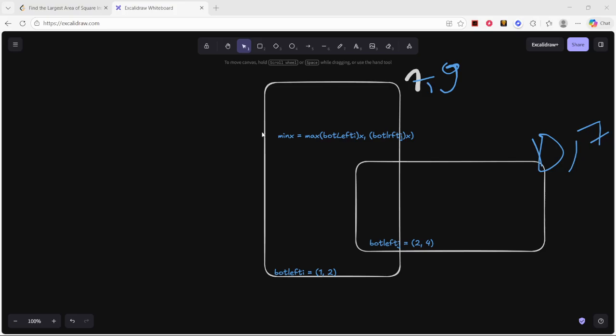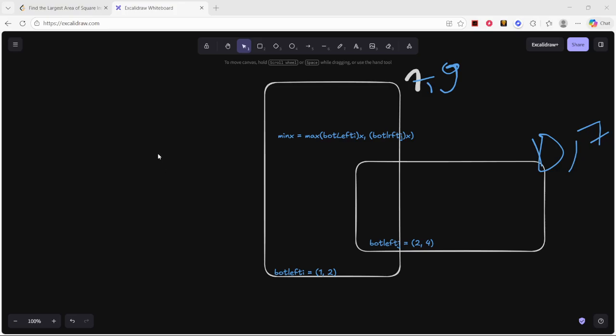Right, and for maximum x, top right has 7, 9, so max x is equal to the min of top right i x and top right j x. Here top right is 10, 7 and 2, 4. For minimum y, there we go, bottom left 2, 4, so min y is equal to the max of bottom left i y and bottom left j y, which is 1, 2.